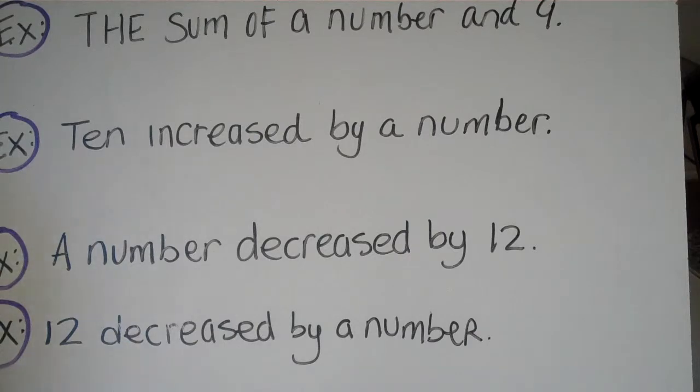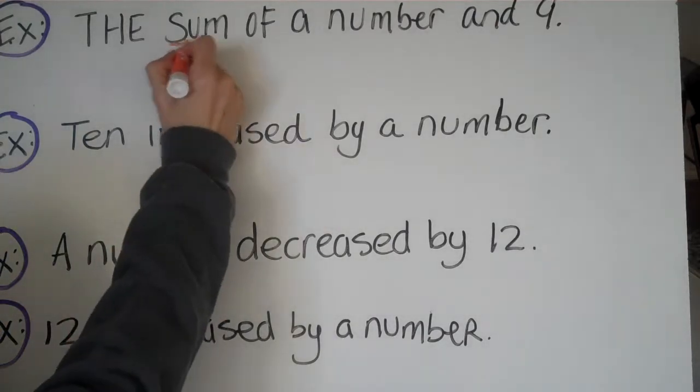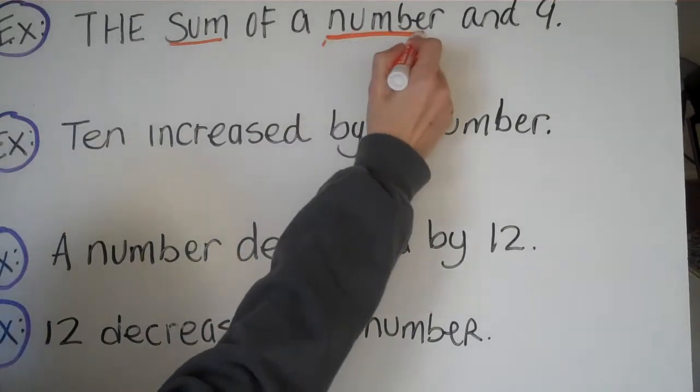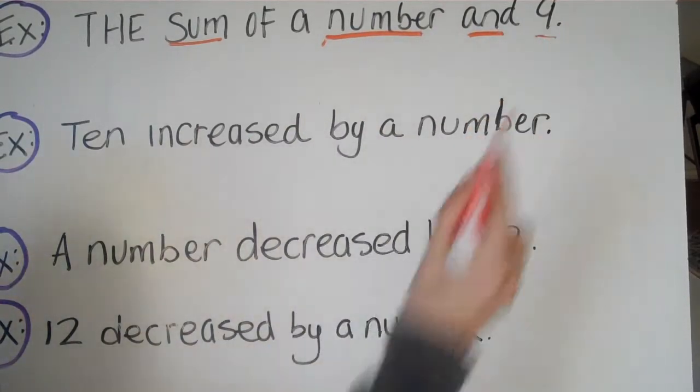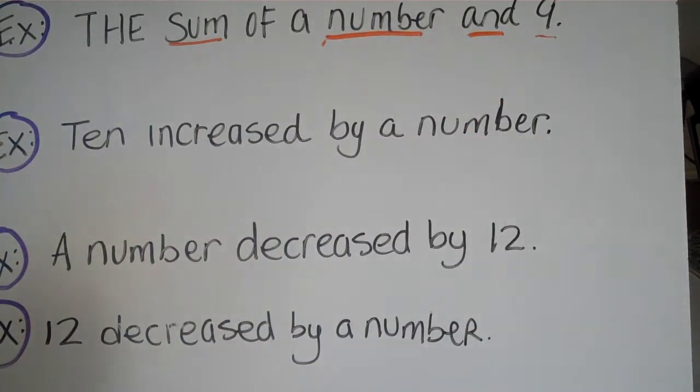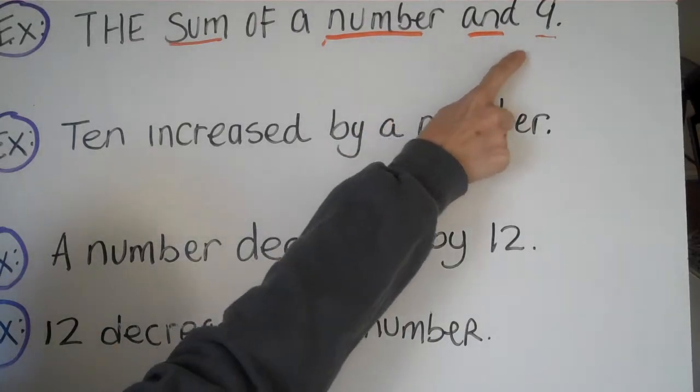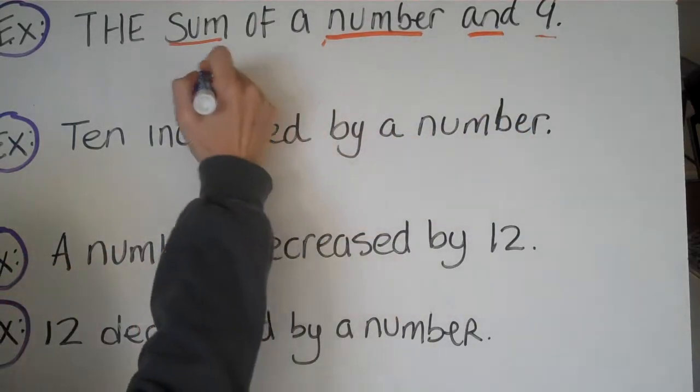Let's say we have the sum of a number and 9. Okay, so what does that mean? I'm going to just underline some key words. The sum of a number and 9. Sum implies that you're going to be adding, because that was one of the key words there. A number and 9, so the number would come first.